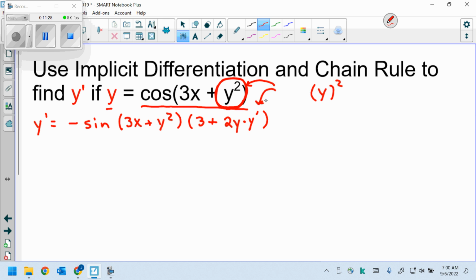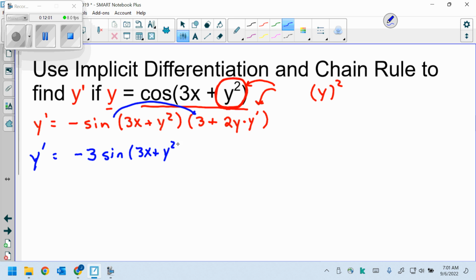Now, in order to get my y primes all on one side, what I need to do first is distribute this. I've got to say y prime is equal to negative 3 sine of 3x plus y squared.